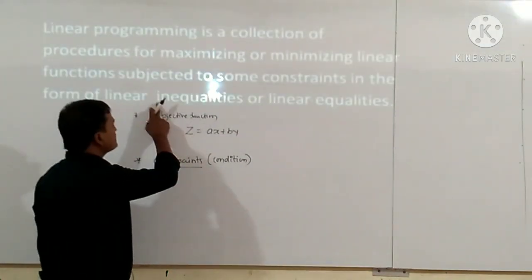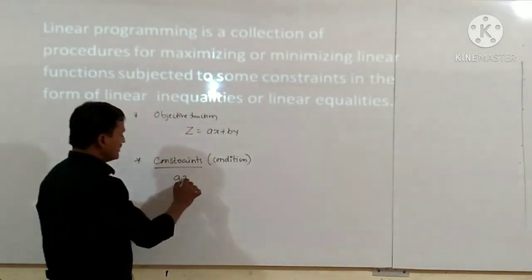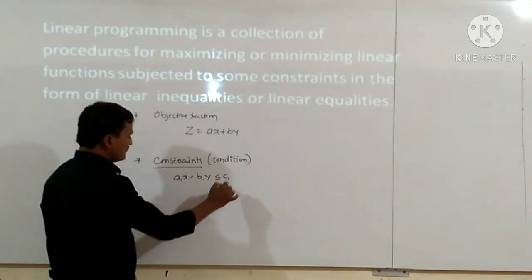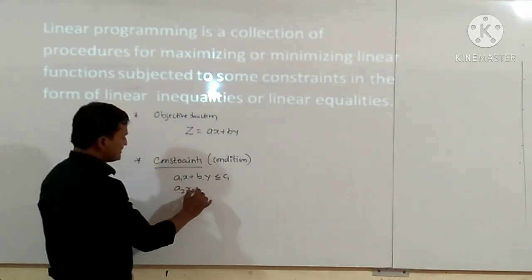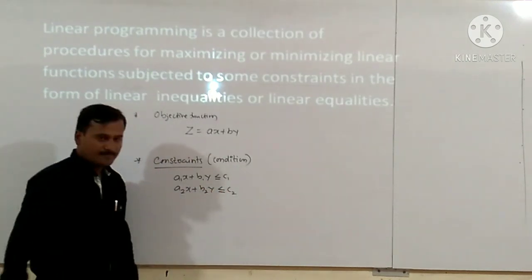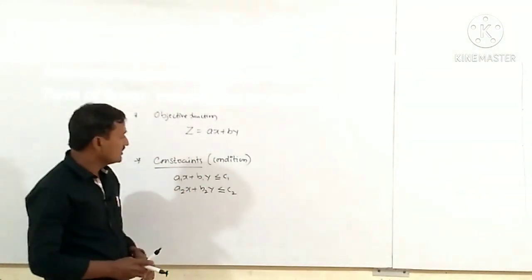Constraints are always in the form of linear inequalities. For example, a1x plus b1y is less than or equal to c1, and a2x plus b2y is less than or equal to c2. Either it may be less than or equal to, or more than or equal to.